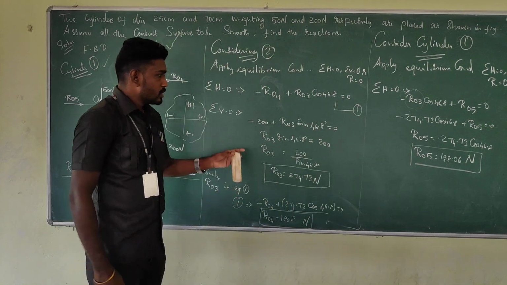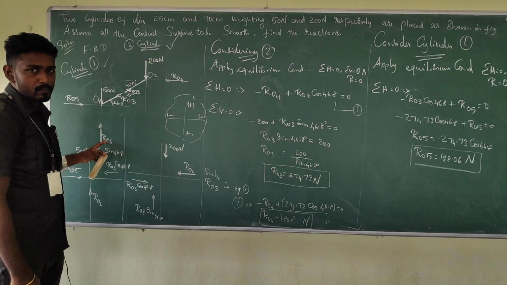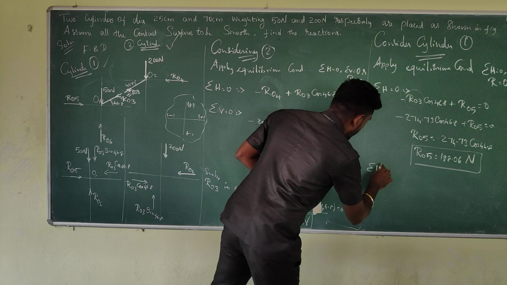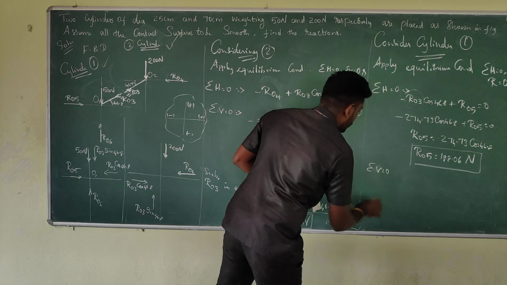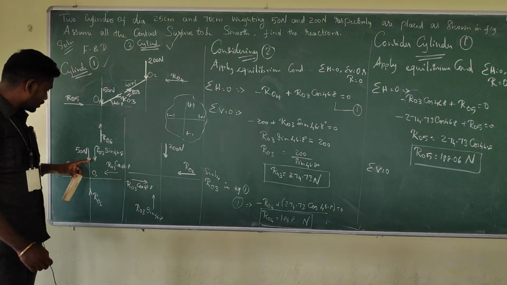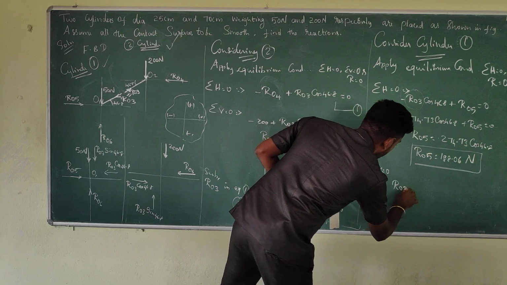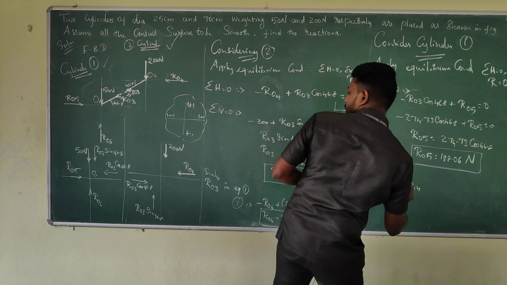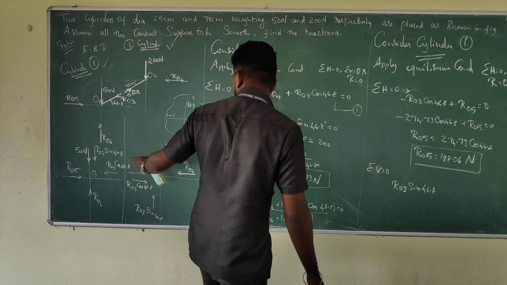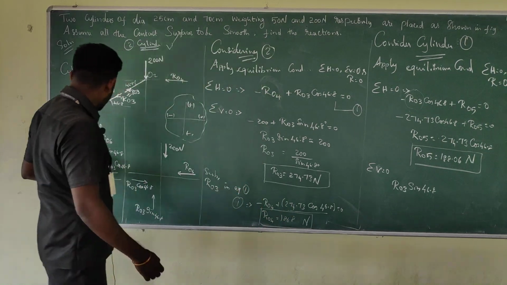Okay. So only one is remaining, which is RO6. For that, we can apply sum of vertical force is equal to 0. Add all the vertical forces. Here the vertical force RO3 sine 46.8. What about the direction of the force? It is vertically downwards.